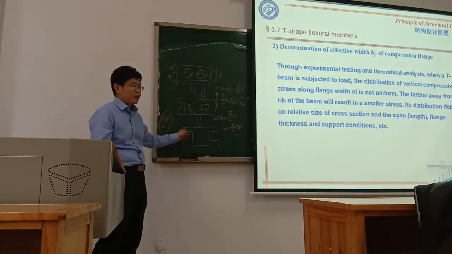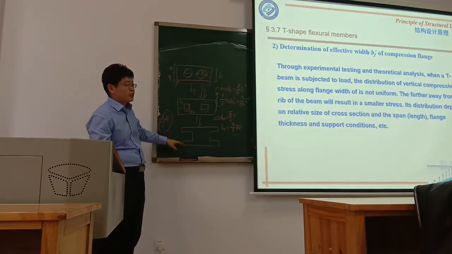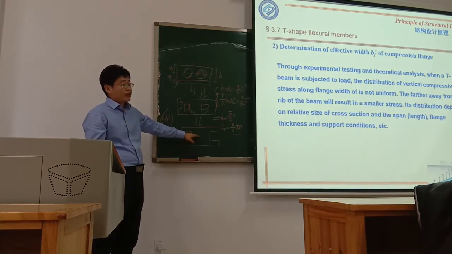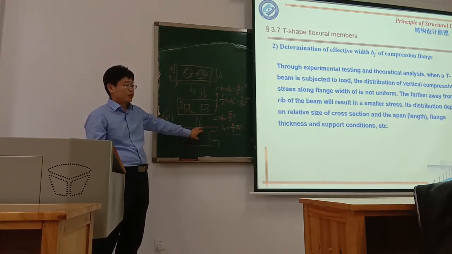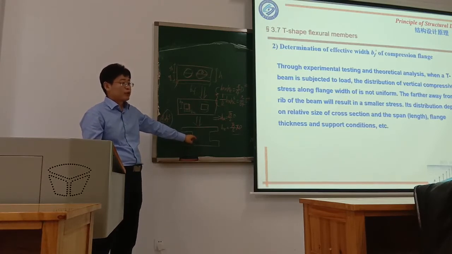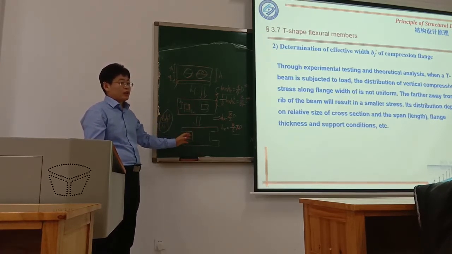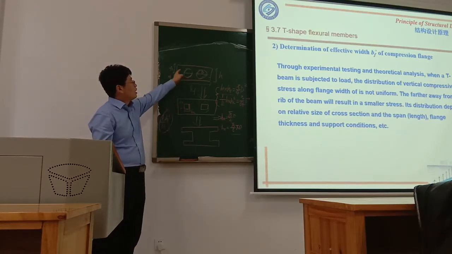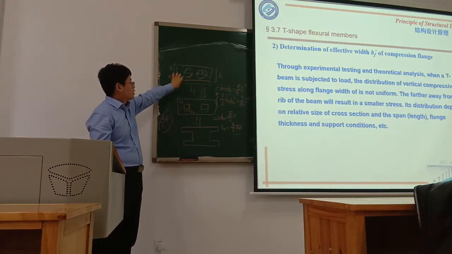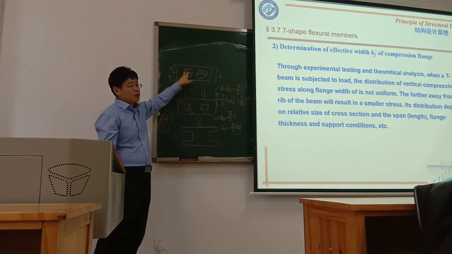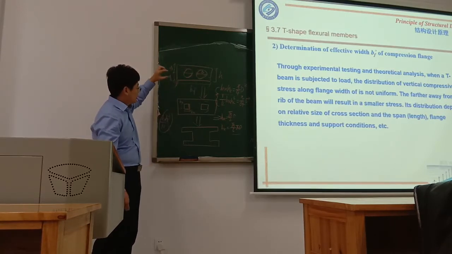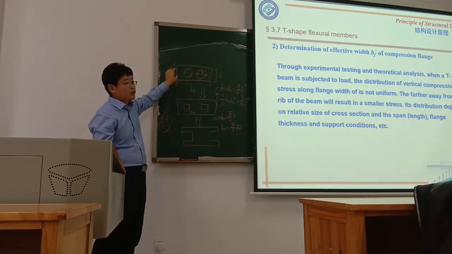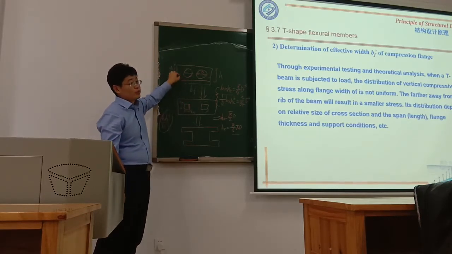So why do we transfer this section to this section? Because for this section, we can use the T shape or rectangular shape equation to calculate the loading capacity, the moment capacity. But for this, it's a little bit difficult. It's a circle. So for the height or the effective height, h0 or a_s, it's very difficult to calculate.